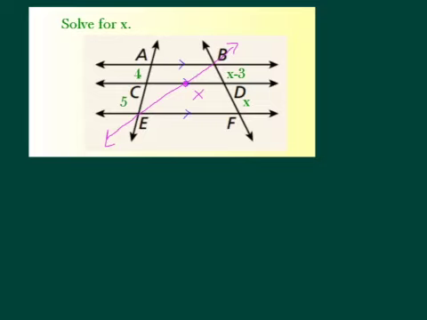And then we have transversals AE and transversal BF. What we want to do is solve for X. Okay, so I just drew a third transversal, BE, with point X on that line. So now we have our two sets of similar triangles, and our sets of similar triangles are right here. We have triangle BXD is similar to triangle BEF.